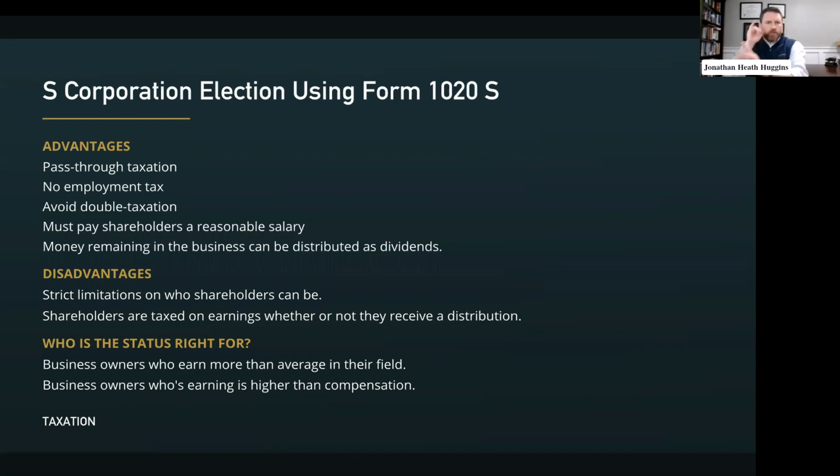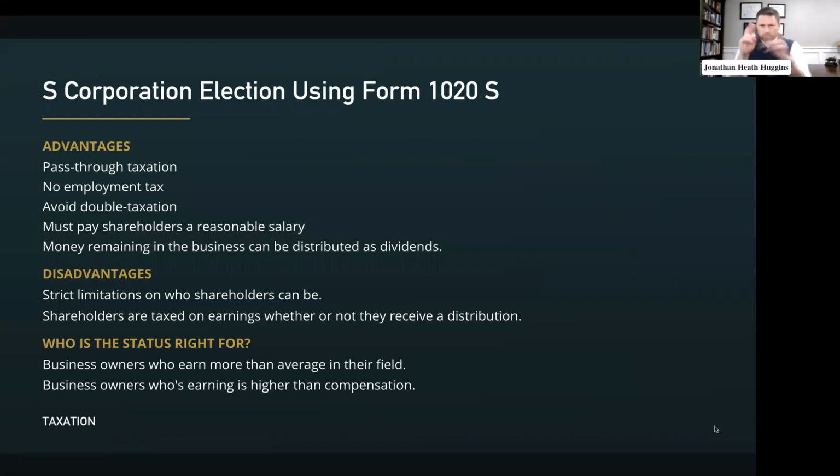It's not paid by the business, it goes to your 1040, according to the percentage you own. You avoid the FICA employment tax, and you also avoid the double tax because it's an S corporation.